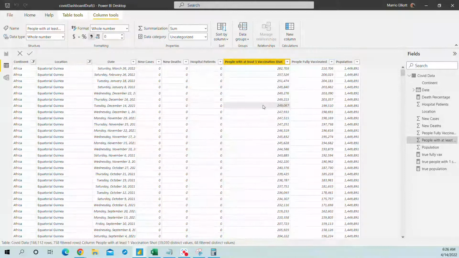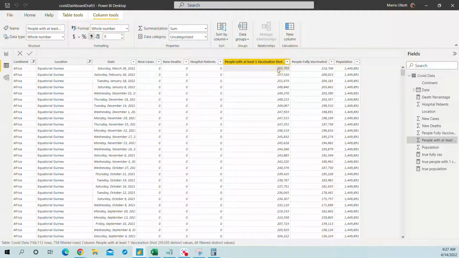So this number, people with at least one vaccination, updates. However many more people got vaccinated, it just adds on to this number, and then adds on, and then adds on. What Power BI is doing is adding all of these numbers, which we do not want, because that's not what this number is representing.